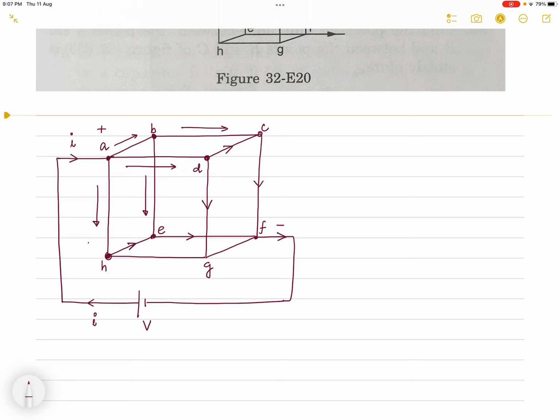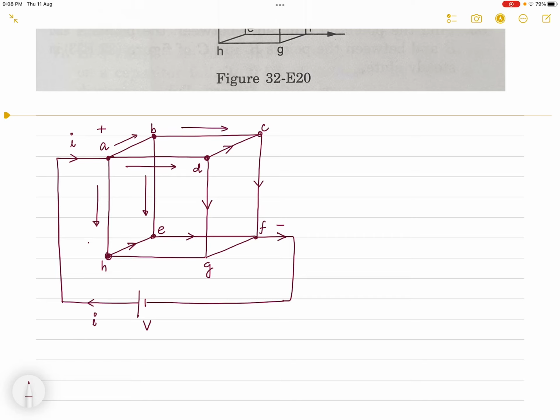So what we are basically understanding from this discussion is that all the three paths AB, AD and AH are identical from the junction A when we look at it electrically.